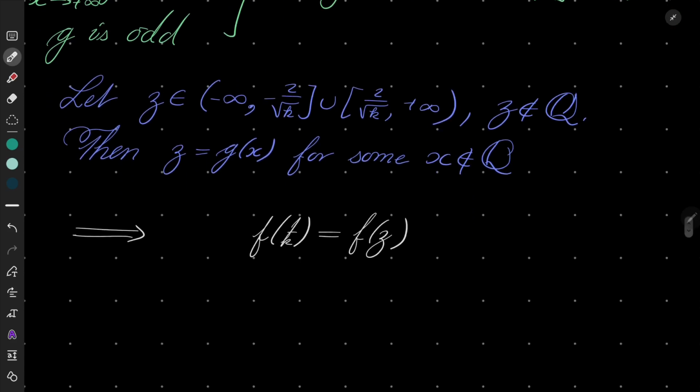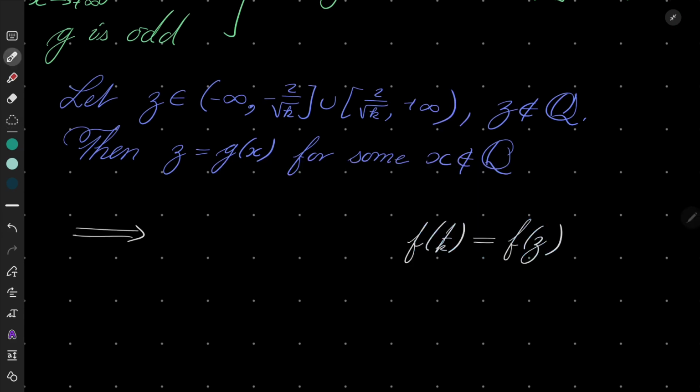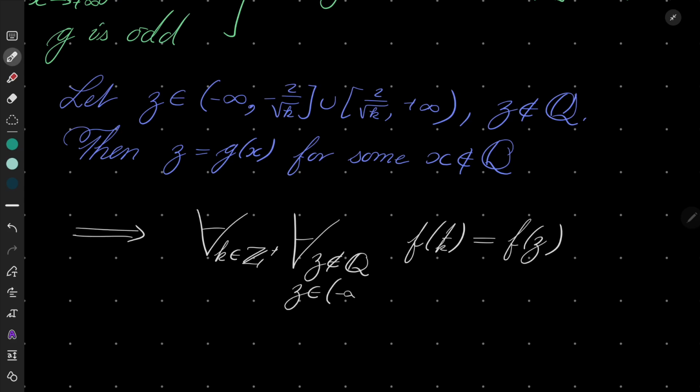And remember that that's true for every positive integer k and for every irrational number z from our union of intervals.